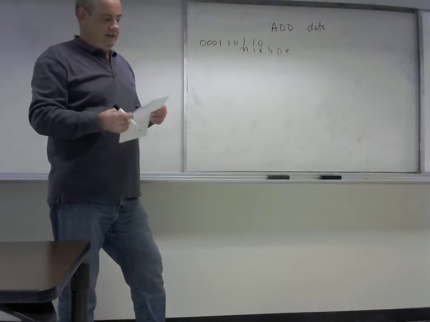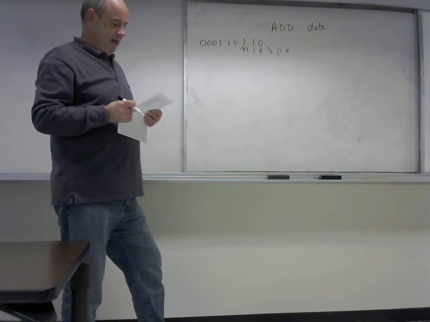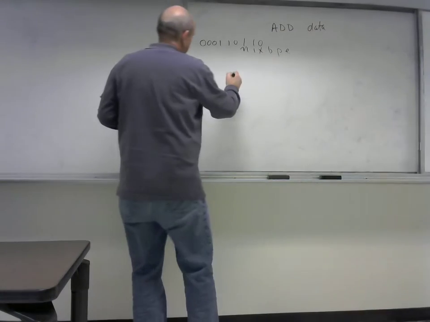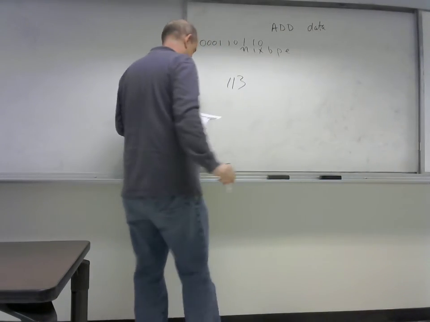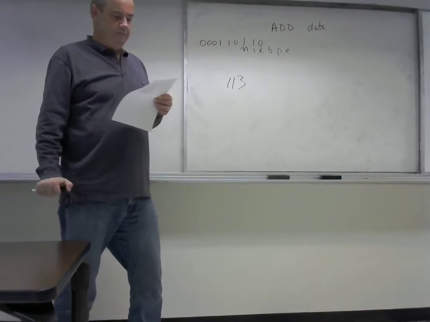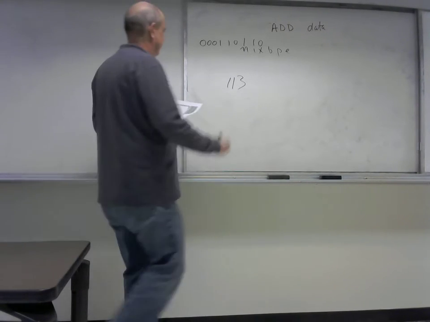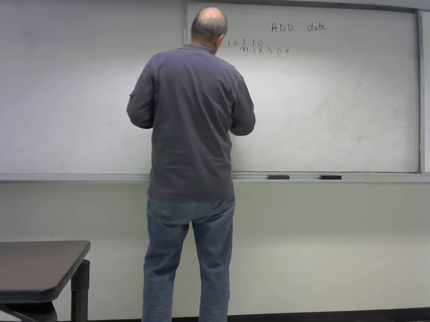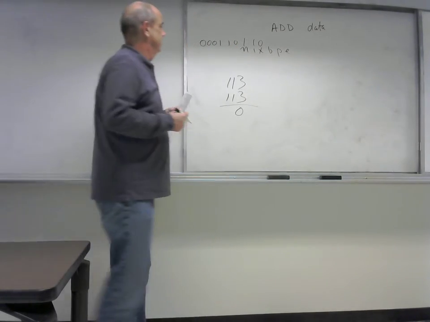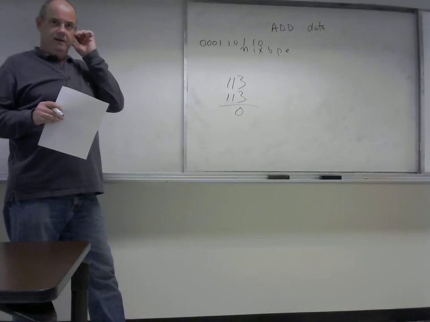All right, let's try PC relative. The destination is data. And what's the source plus 3? Oh dear. Is that right?